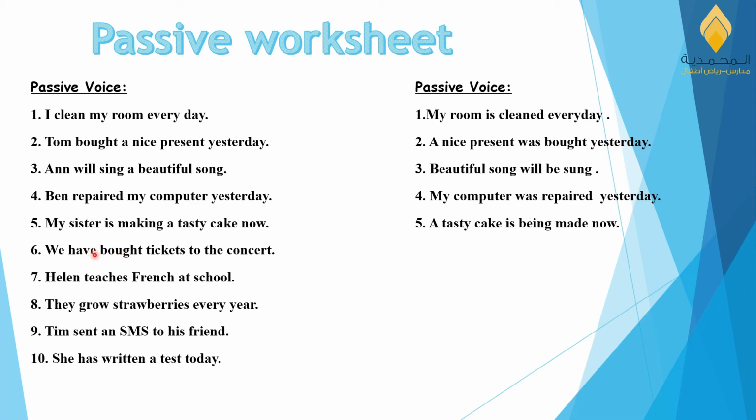What's the correct form of the verb for the present perfect? Have been. Verb 3 of the verb buy is bought. So our sentence becomes, tickets have been bought.